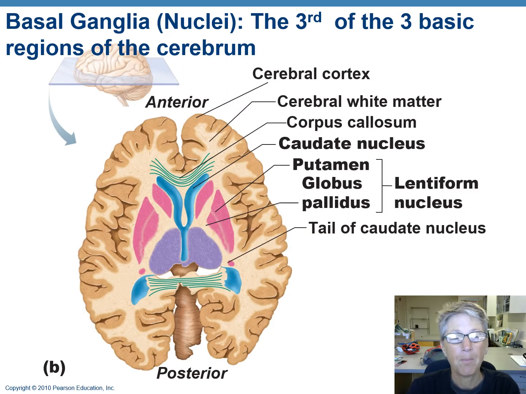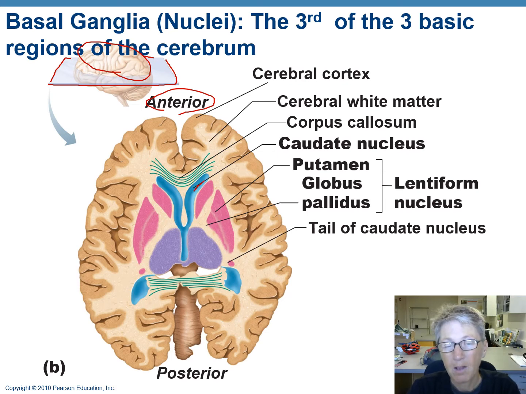And then if you do a transverse section through the brain, and you take the top off here, and you rotate it around so that you can look on face, and here's anterior and posterior, it just shows a different cut of the basal ganglia. So here's the caudate nucleus in blue, and then the putamen and the globus pallidus together are called the lentiform nucleus.